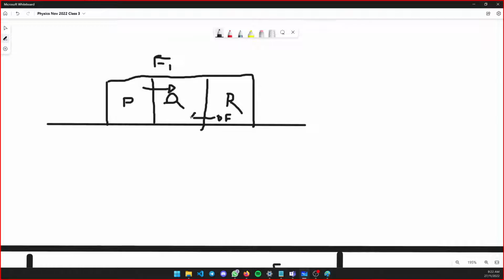Let's just talk about F1 and F2. Whatever this is pushing here is the same as how much it's being pushed on as well. Why is this the case?